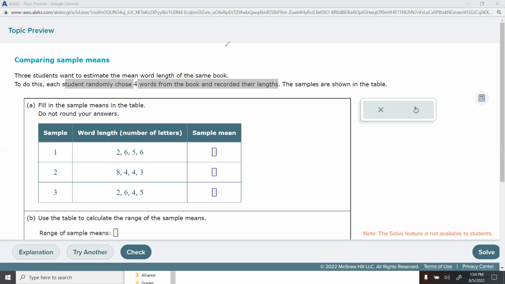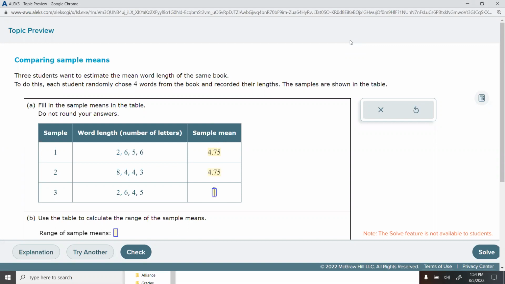Oh, and we have to get the sample mean from each one. So if we do the first one, that's going to be 2 plus 6 plus 5 plus 6, which is 19, divided by 4. It's going to be 4.75. The next one, 8 plus 4 plus 4 plus 3 is 19.